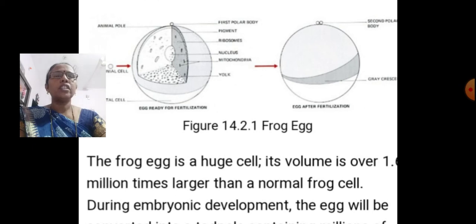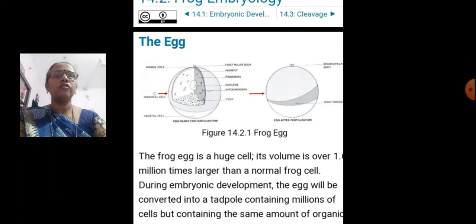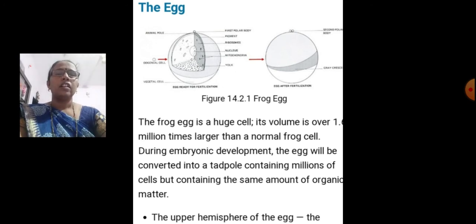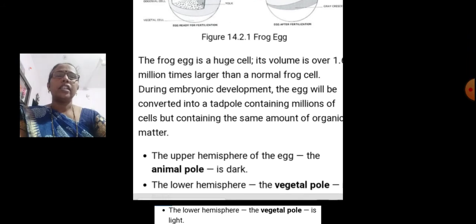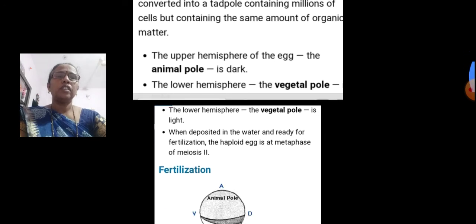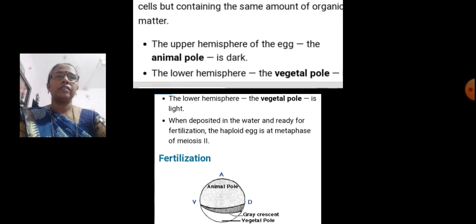During embryonic development, the egg will be converted into the tadpole, containing millions of cells but containing the same amount of organic matter. The upper hemisphere of the egg, called the animal pole, is dark colored. The lower hemisphere, called the vegetal pole, is light colored.